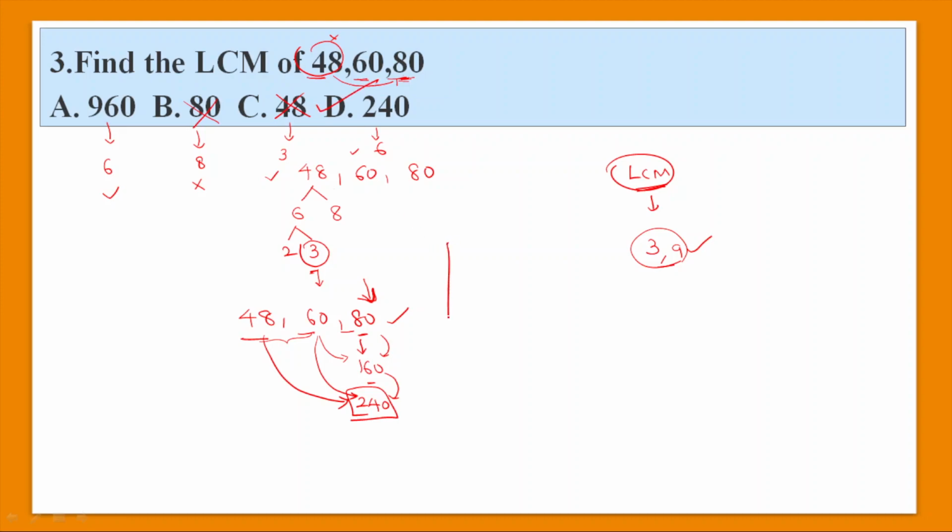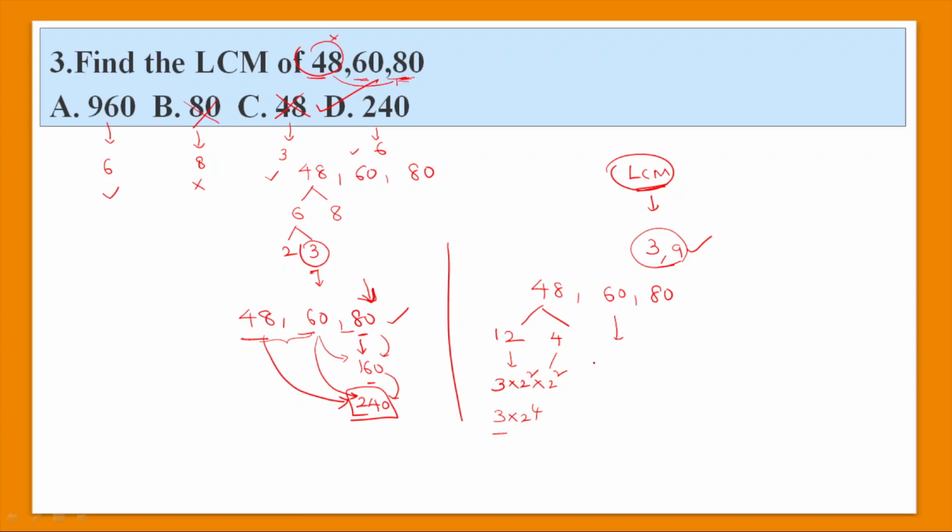Otherwise, you can also solve by using the prime factorization method. So the given numbers are 48, 60, 80. This 48 can be written as 12 fours are 48, and this 12 again can be written as 3 into 2 square, so 48 can be written as 3 into 2 power 4.